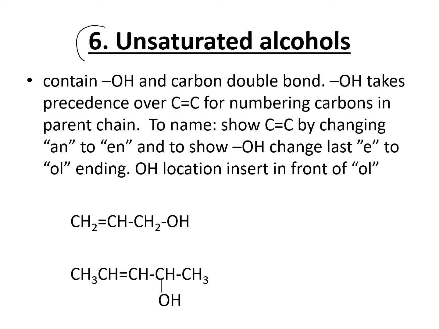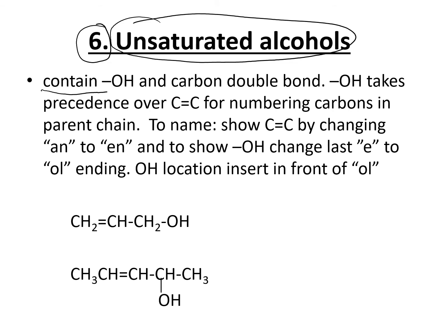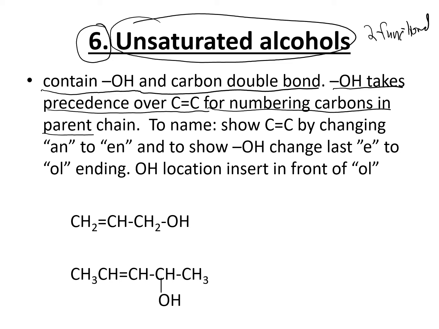Rule number 6 for naming alcohols is for unsaturated alcohols. Unsaturated alcohols contain a hydroxyl group and a carbon double bond. So they actually have two functional groups in that compound. The hydroxyl group takes precedence over the carbon double bond for numbering the carbons in the parent chain.